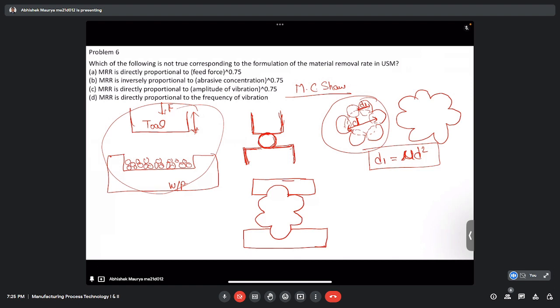Okay, this is the tool. Now it is a very exaggerated figure. This is the workpiece, and this we call the abrasive.